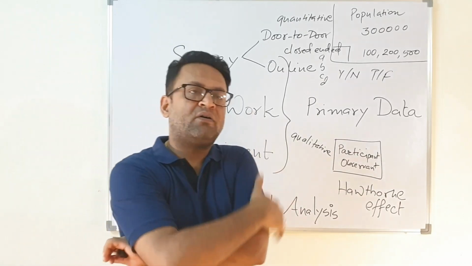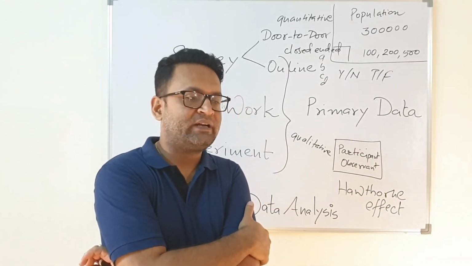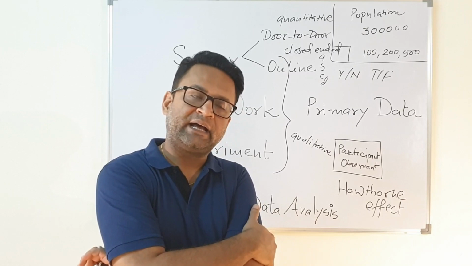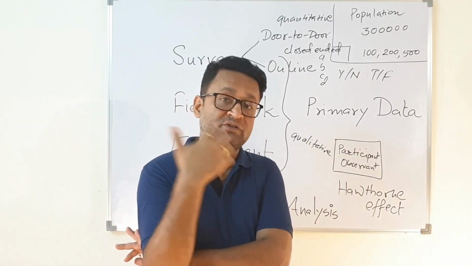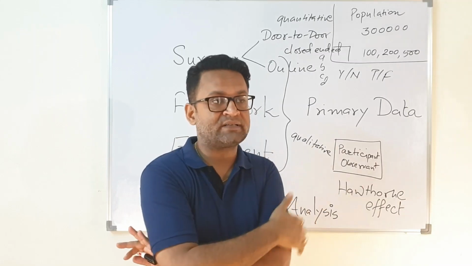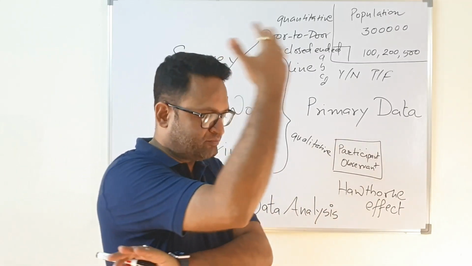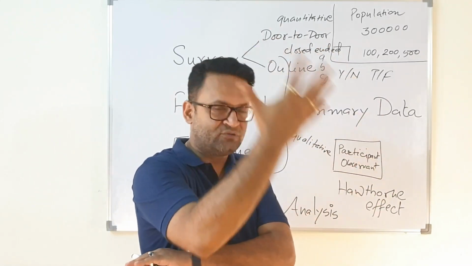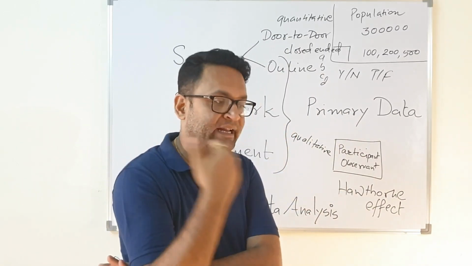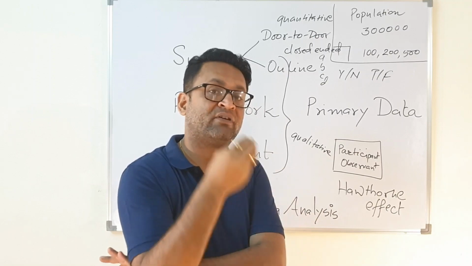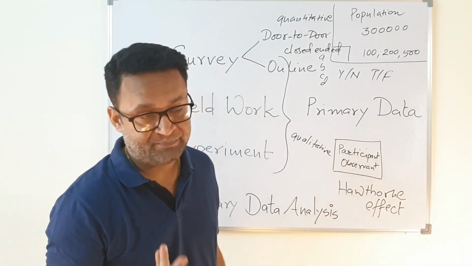There are two ways of doing research. When you are collecting data, you may or may not tell participants the purpose. There will be certain questions of research ethics as well, which we will be discussing at a later stage. But you need to keep all these things in mind: you may need to tell them that you are collecting data for this purpose, or you may not.